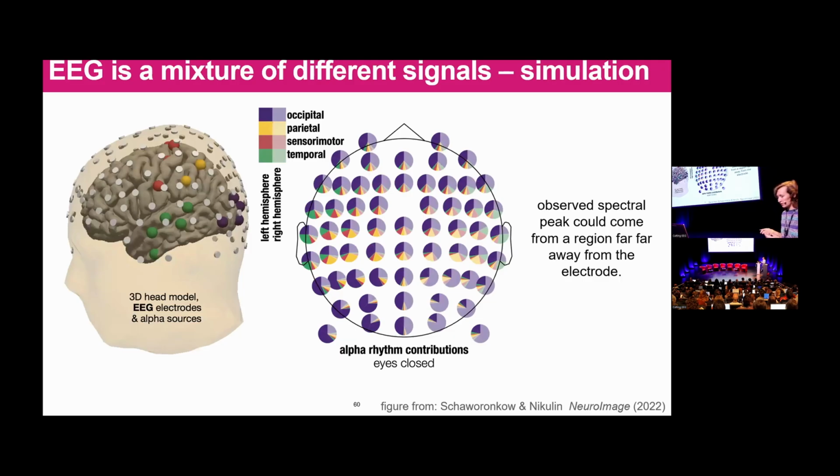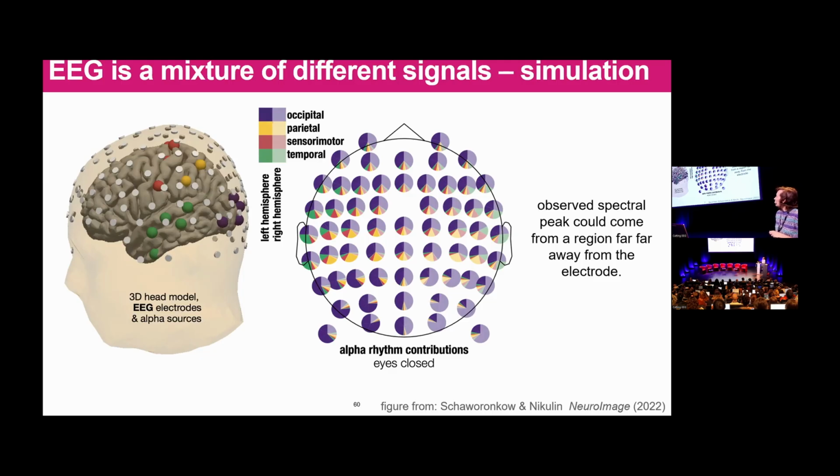Here's also a little simulation to illustrate the effect. Imagine you have some sources in the brain that are distributed all over the cortex, for instance alpha sources. You can then compute, with the help of these spatial patterns, the spatial topography, how the source would propagate its contribution to a single channel.